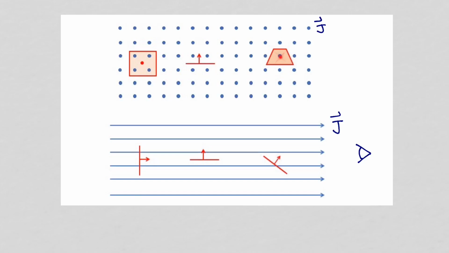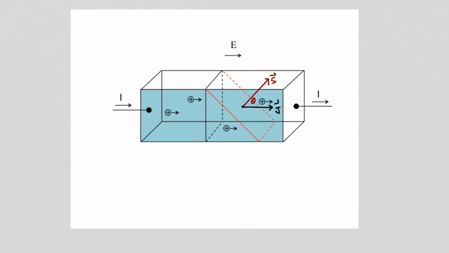The amount of current going through a surface will depend on the angle between the outward normal to the surface and the current density. If our plane of observation is making an angle theta with the current density, to find the current flowing through this plane, we need to find the area of this surface right here.